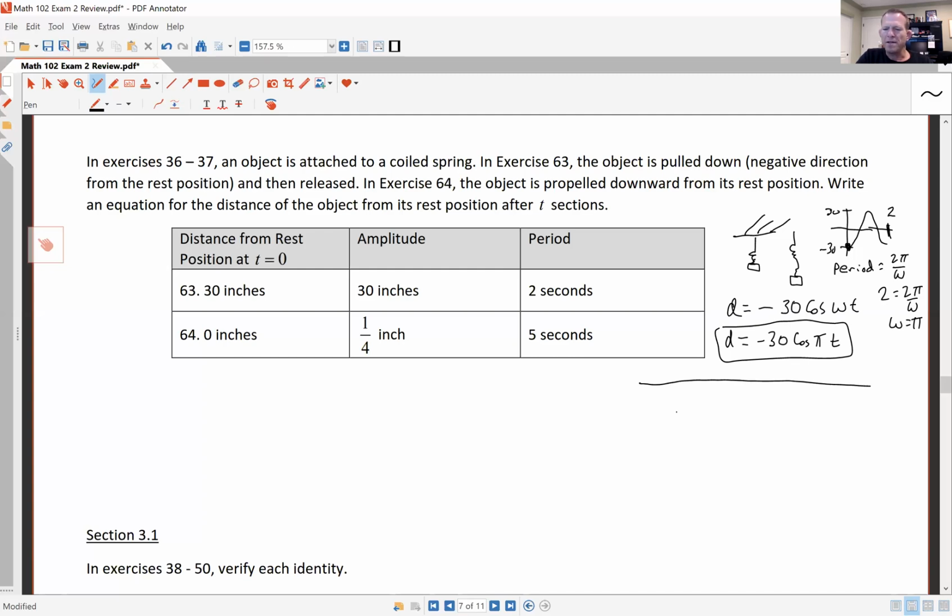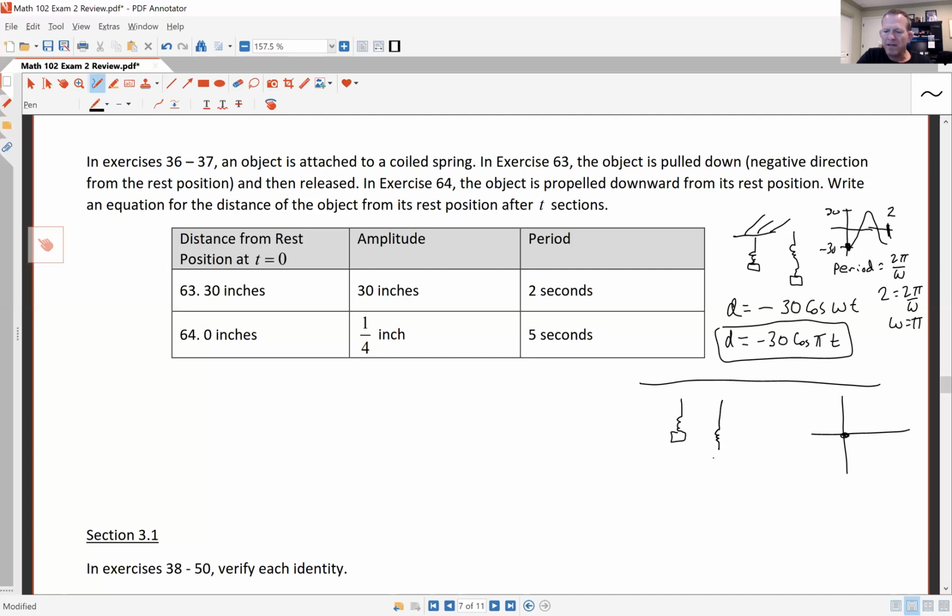For the second one, the object is propelled downward from its rest position. So you leave this thing at its rest position. And then at time 0, it started at its rest position, but then we propelled it downward.